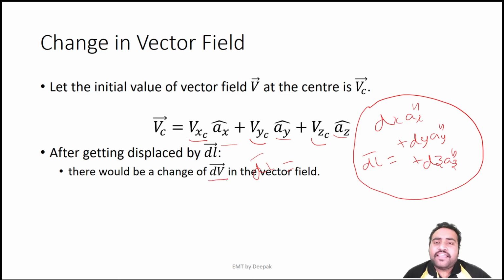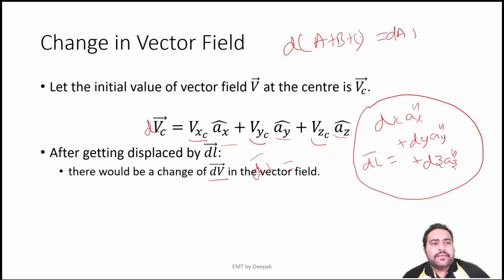See, if I apply the principles of calculus to this expression and I write dVc bar, you know, d of a plus b plus c can be written as dA plus dB plus dC. So let me write this as d of this plus d of this plus d of this. But you know very well that Ax cap is constant.